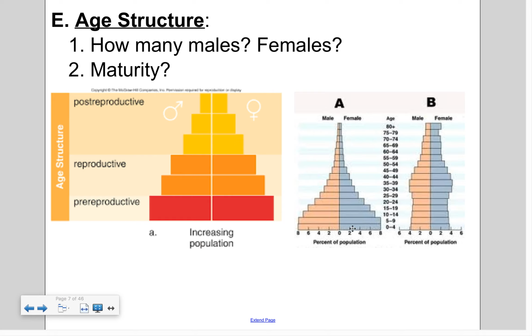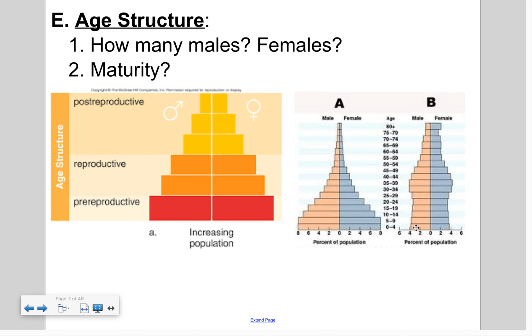So if we take a look at some real examples here where they have it broken down by an age bracket, and we have population A versus population B, you can see that population A is growing rapidly because we have a lot of young children here. And as you go up, there are fewer older people. Whereas with B, you can say that this population growth is a little stagnant, okay?